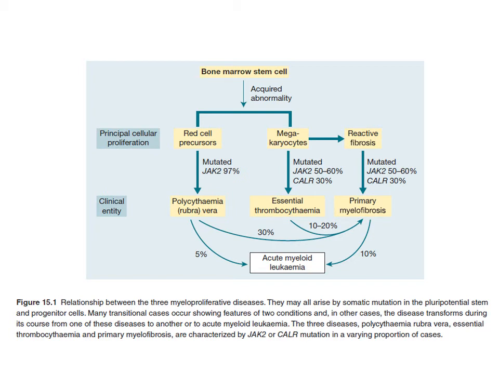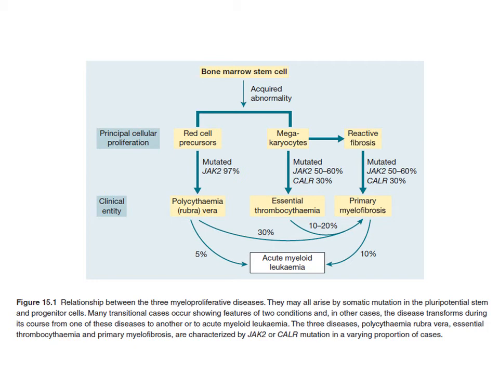Now, in another step, there may be some mutation that can result in overactivity of the megakaryocytes. The mutated gene is again JAK2 in 50 to 60% of the cases. In polycythemia vera, this JAK2 mutation was present in 97% of the cases. Here, in essential thrombocythemia, JAK2 mutation may be seen in 50 to 60% of the cases.